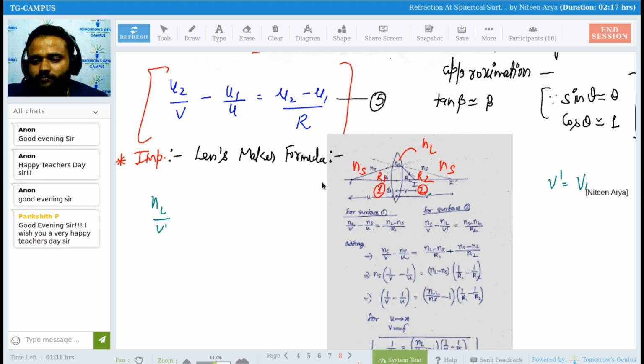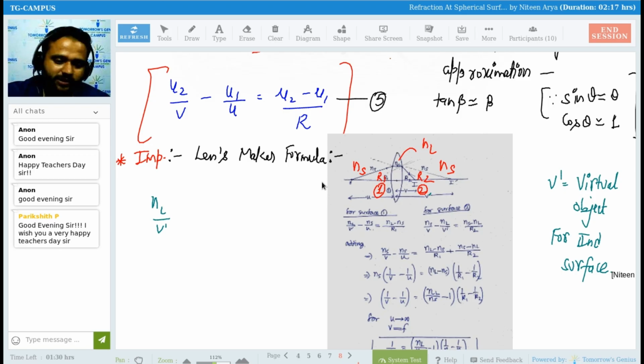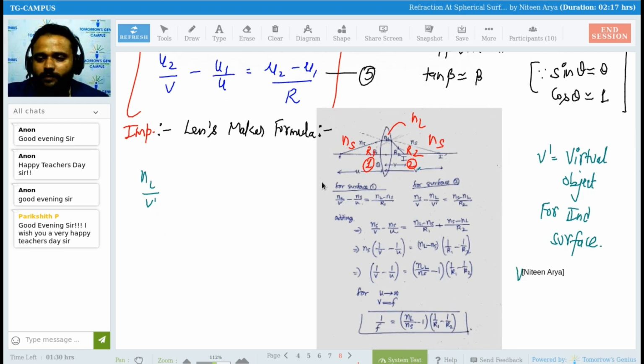V prime is the virtual object, or you can say the primary image for the second surface. Or you can understand it in this way also: V1 or V prime is the image for the first surface.